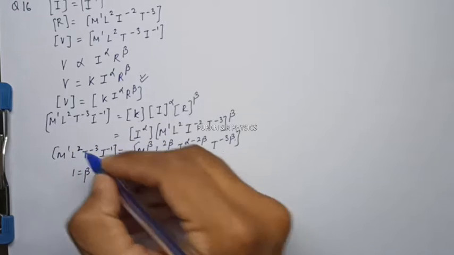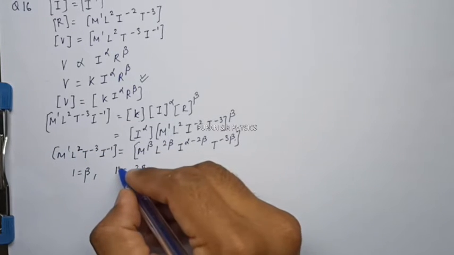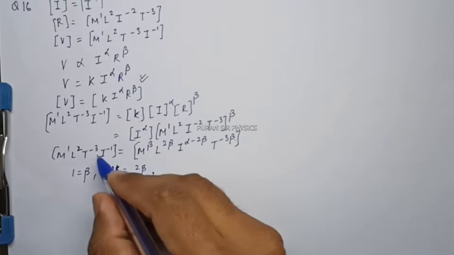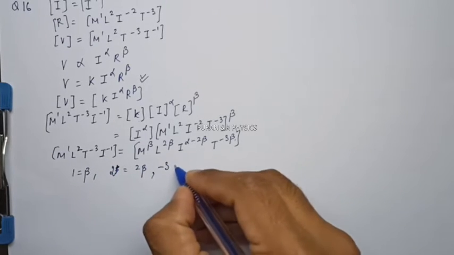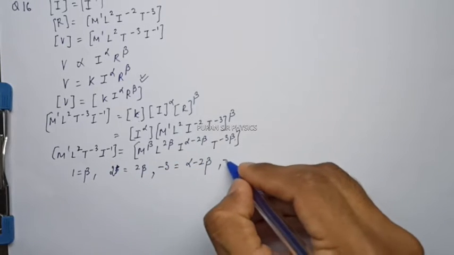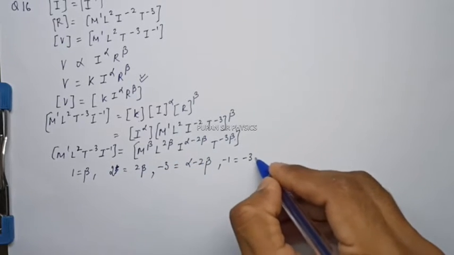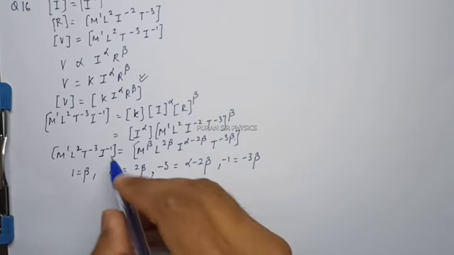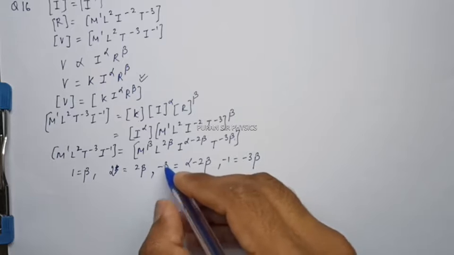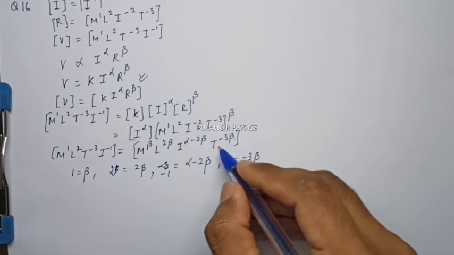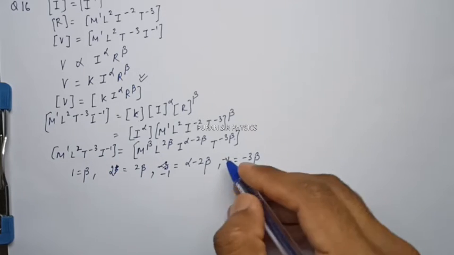Sorry, here it is 2, since L is raised to power 2, so 2 will come here. And then minus 3 is equal to minus 3 beta, and minus 1 is equal to alpha minus 2 beta. Sorry, this minus 1 is here, and here we have time, so it will be minus 3.